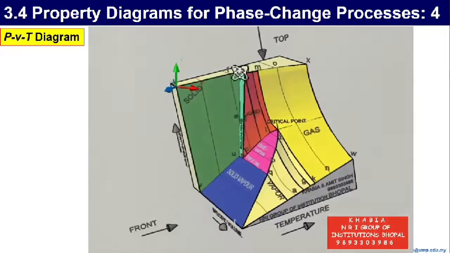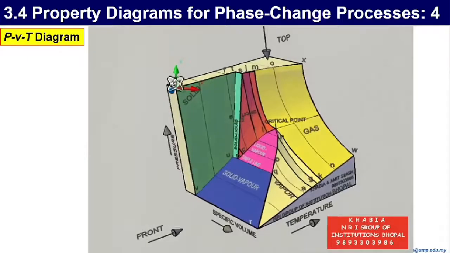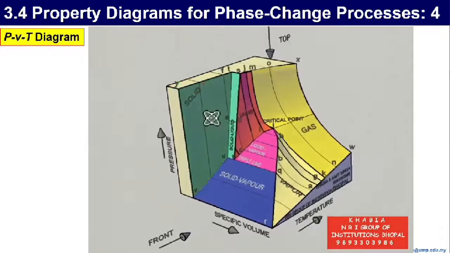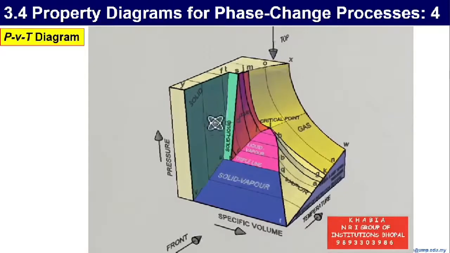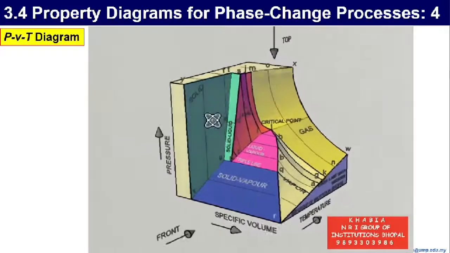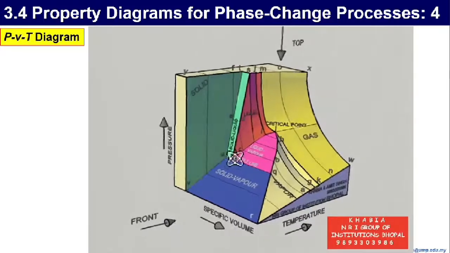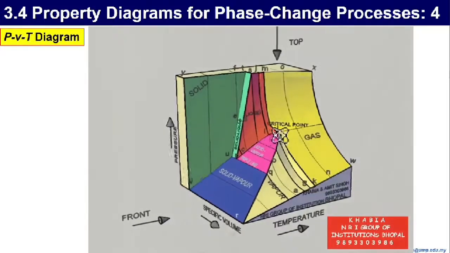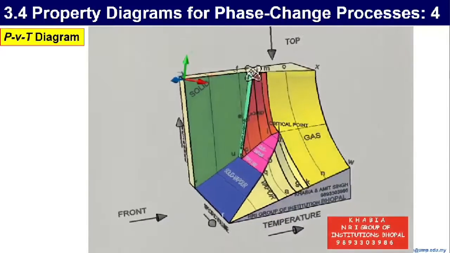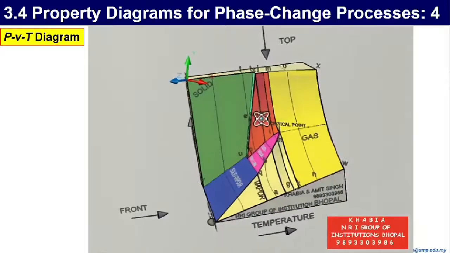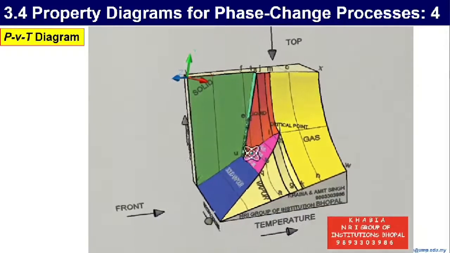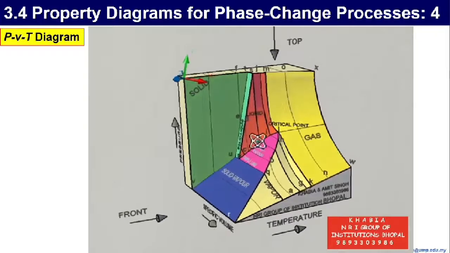The green colored surface TUVY indicates various possible equilibrium states of the pure substance when it is in solid phase. The orange colored surface PCILMJS indicates various possible equilibrium states of the pure substance in liquid state.